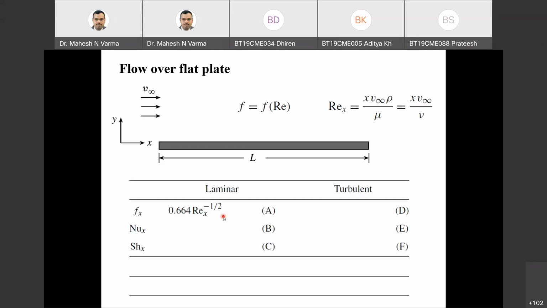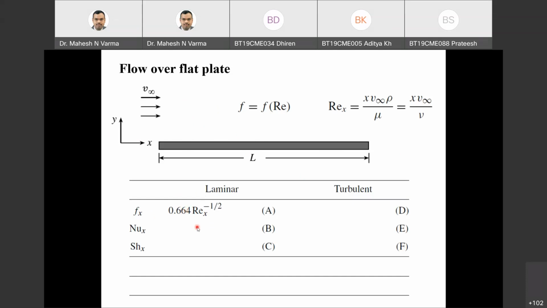Laminar flow is easy to study, and flow over a flat plate has a very simple surface area, a flat plate over which the flow is there. So it is very easy to model this equation, and this equation will have an analytical solution also.